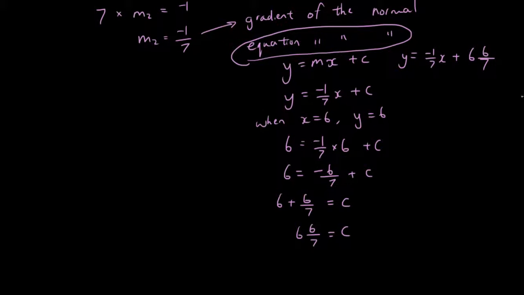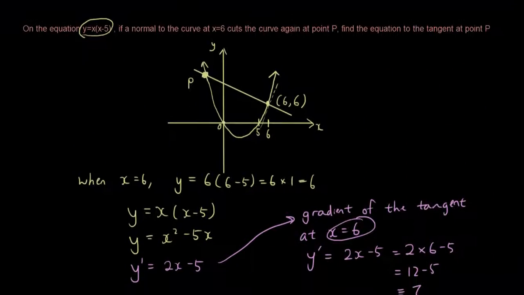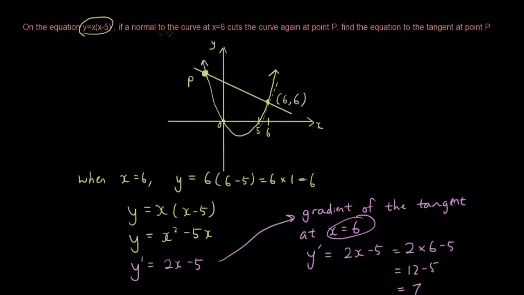So now let's have a look at the question again. It says if the normal to the curve cuts the curve again at point P, so we now have to find point P. And point P is the intersection between this curve, which is represented by this equation, and the straight line, which is the normal. So we got to copy down both equations.